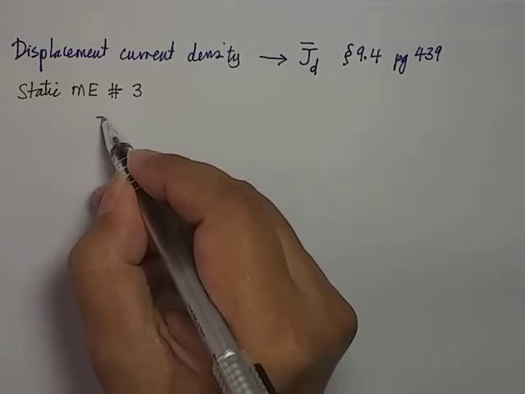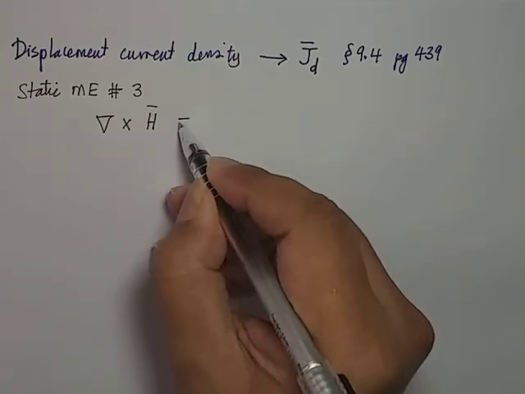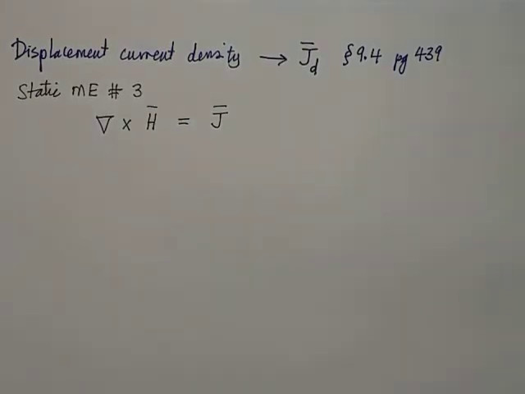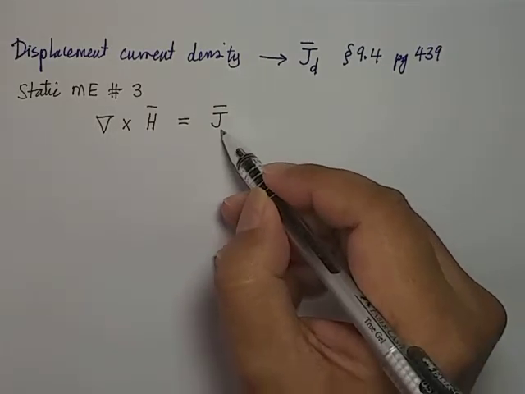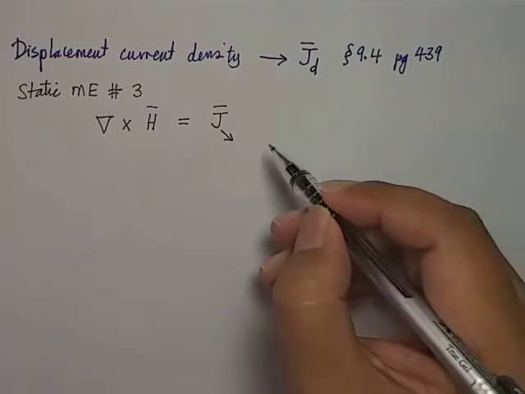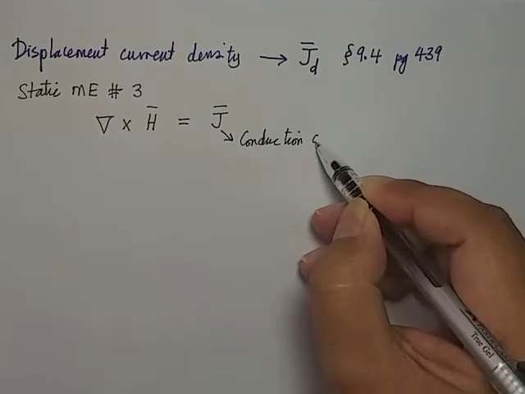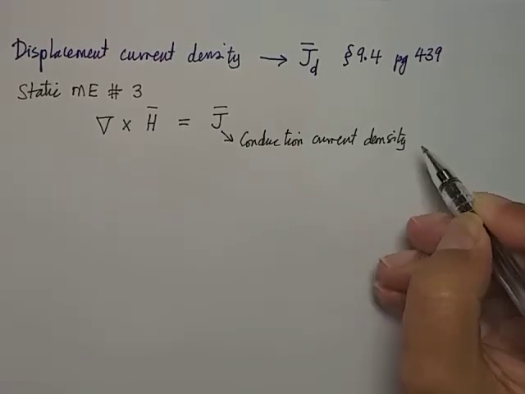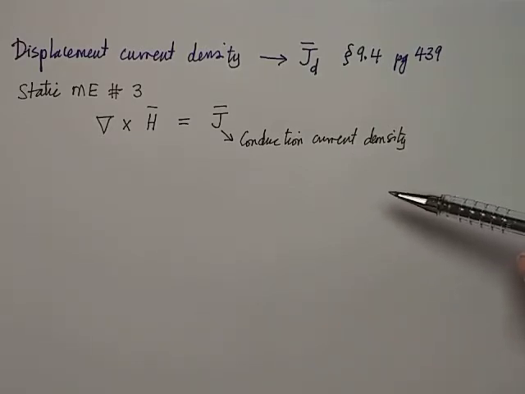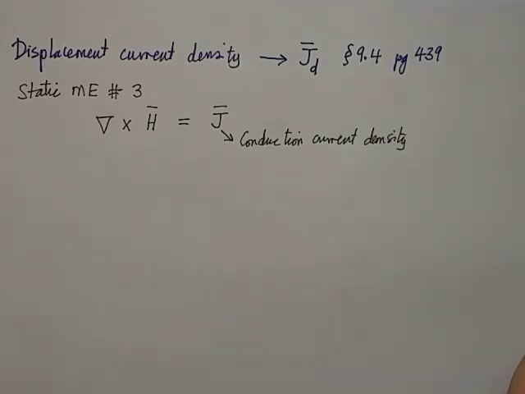We state that the curl of H will be equal to J. And the J that we use at this particular stage is known as conduction current density. Okay? So we can see clearly it's totally different from what we intend to discuss here, which is known as displacement current density. So how do we actually represent conduction current density?